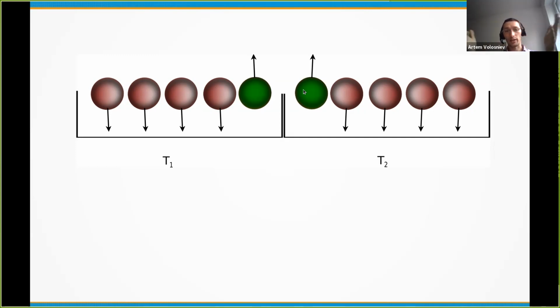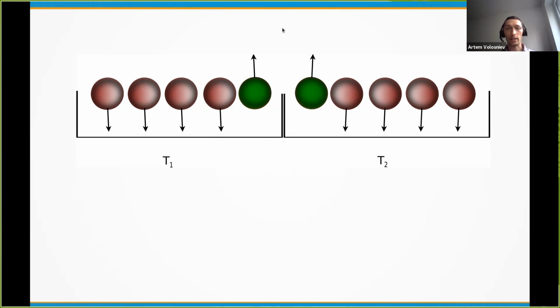And then I would like to see how they propagate. If this is disconnected, it's a well-defined problem. It's very easy to understand that if T2, say, is higher than T1, then the particle here will move faster, and the particle here will move slower.